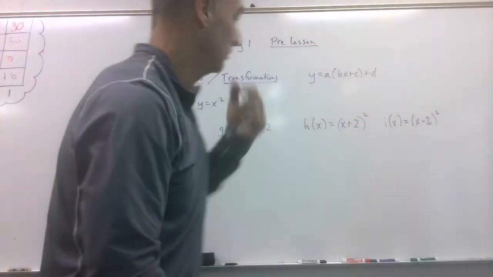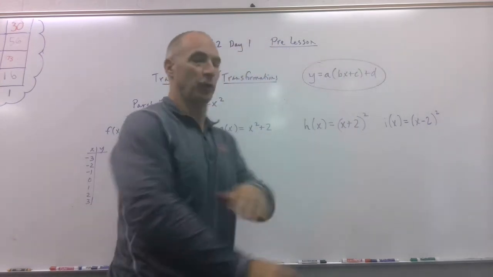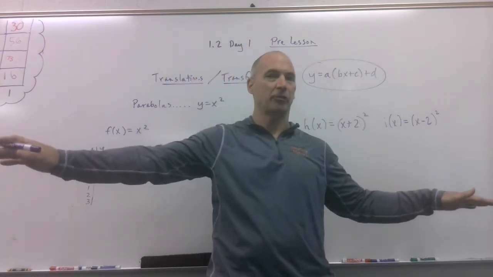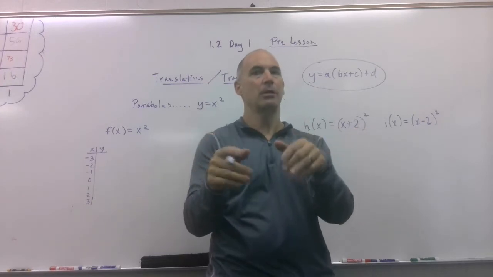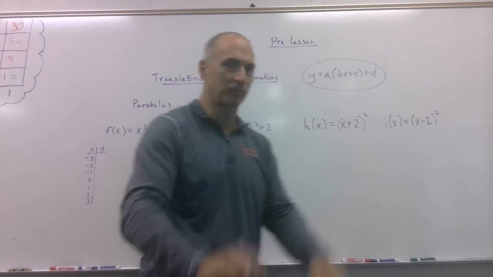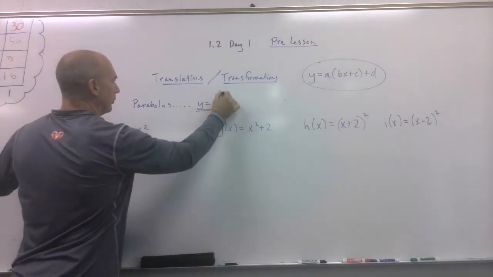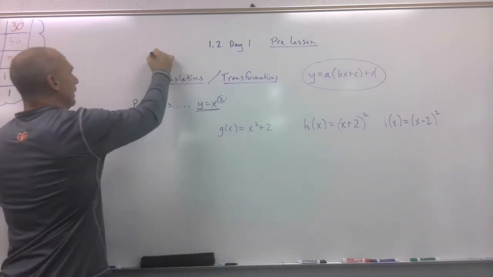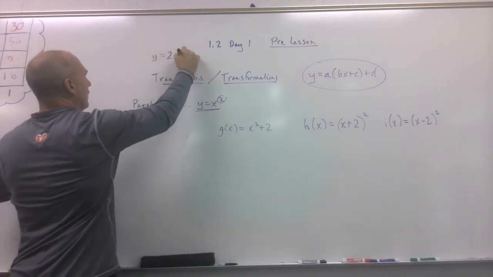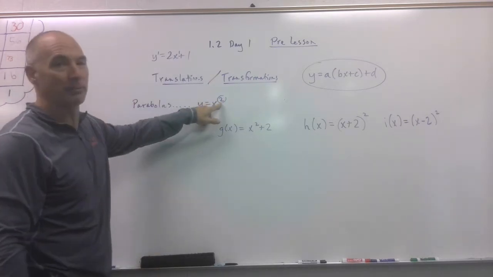On to parabolas. So this stuff works for all graphs, not just linear lines. Now we're into quadratics, which is a fancy word for parabolas. I'll explain more of that later. But we're talking about y equals x squared. Notice this is squared. The linear equations have stuff like this, where this is a 1 and that's a 1. Now we're introducing you to parabolas.